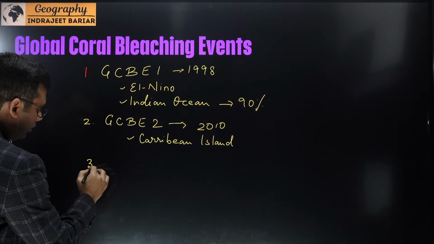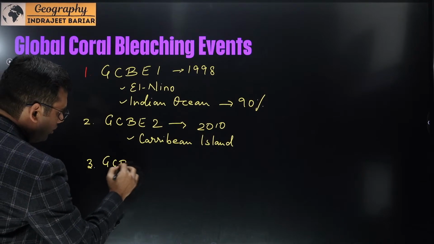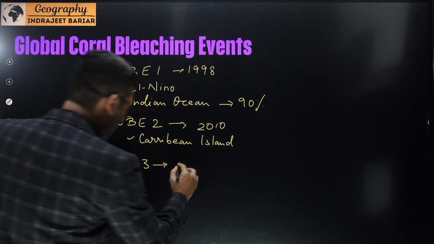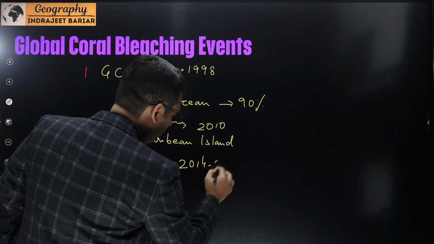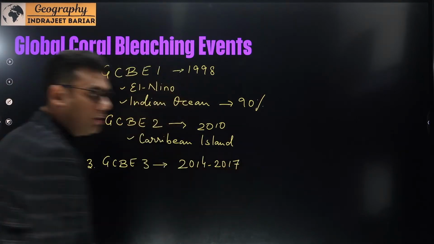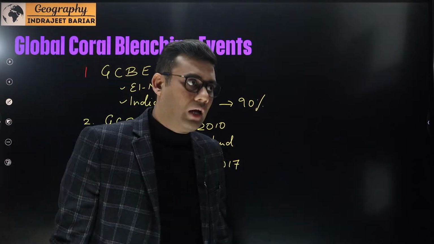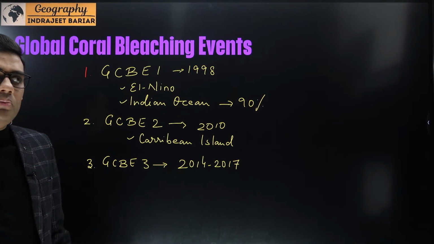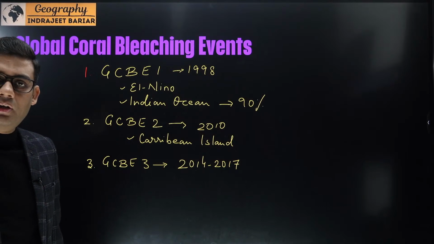Then similarly, the third coral bleaching event, GCB3. Now this GCB3 has been from 2014 to 2017. Okay, the El Nino lasted for this much of time, and so there was the coral bleaching that occurred during this particular time.